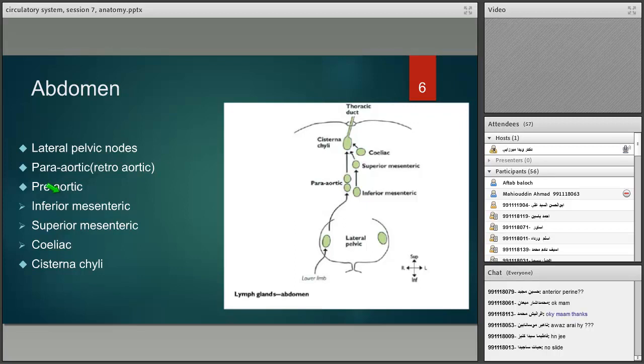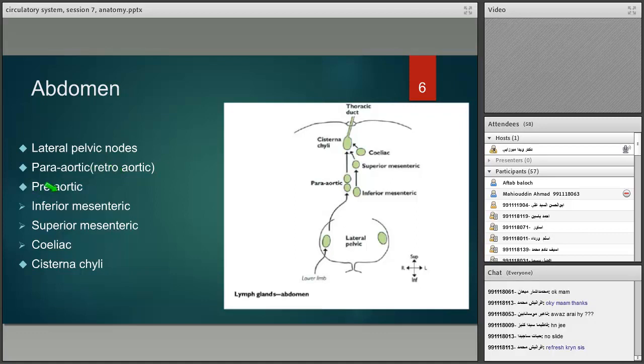The pre-aortic groups are placed in front of the aorta, and para-aortic group are placed, we can say, lateral and posterior or behind the aorta. The para-aortic or retro-aortic group are receiving the lymph of the wall of the abdomen.